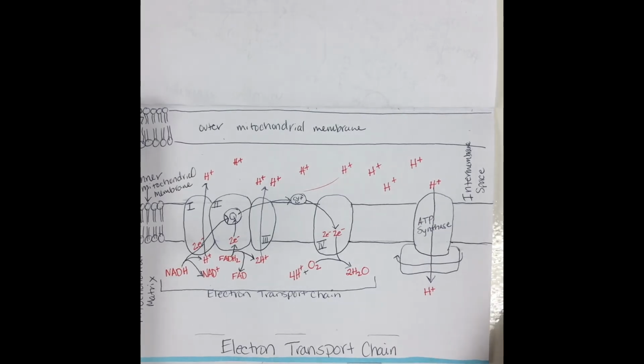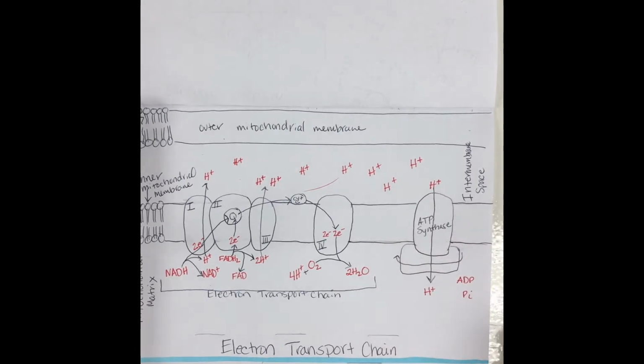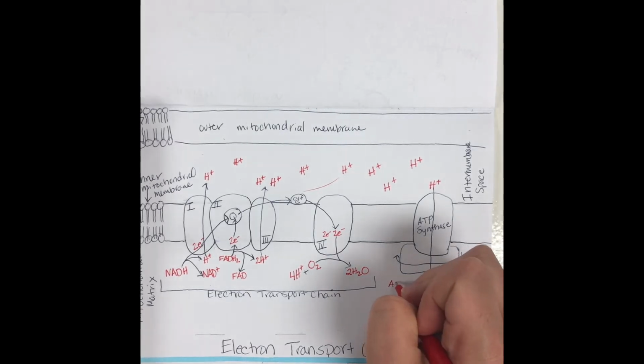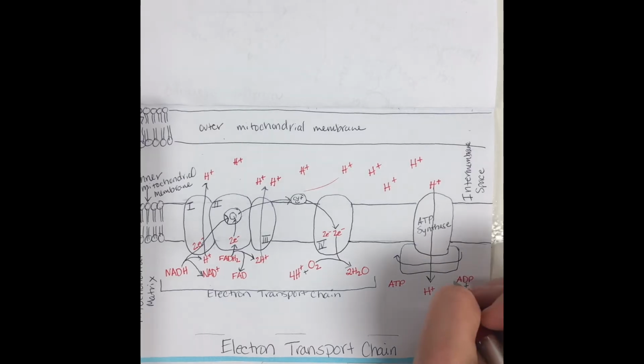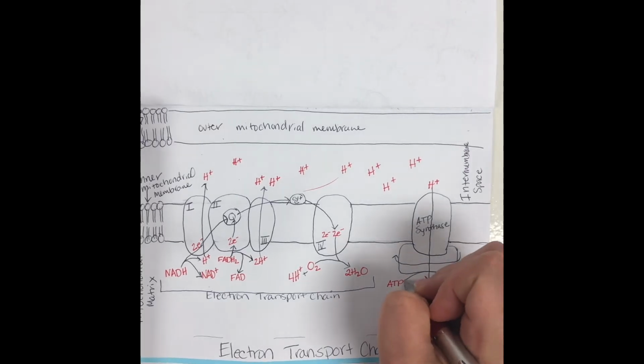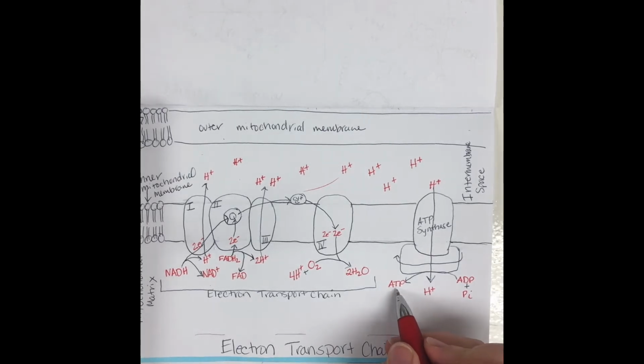When it spins or rotates, its job is to take ADP plus a free phosphate ion and make ATP. Okay, so it takes these two and puts them together to make ATP. Remember this right here, this is the whole point of doing cellular respiration.